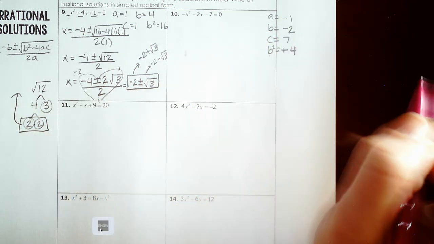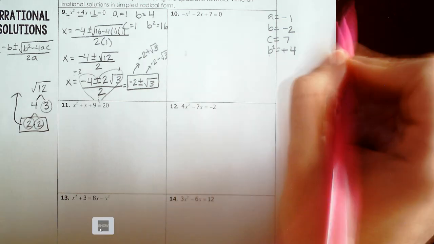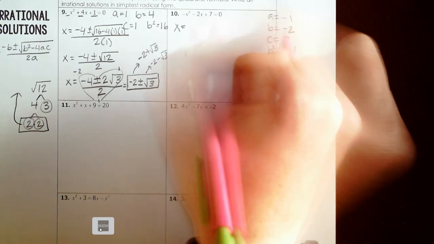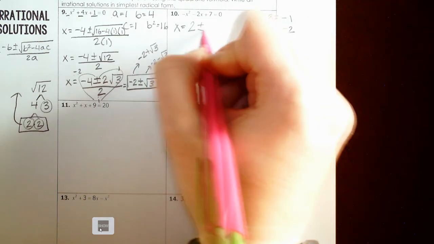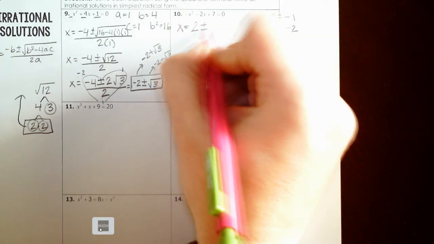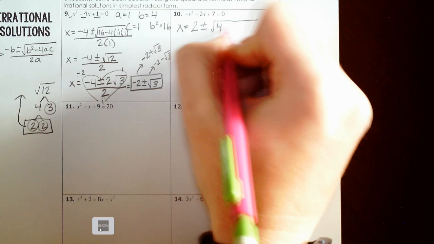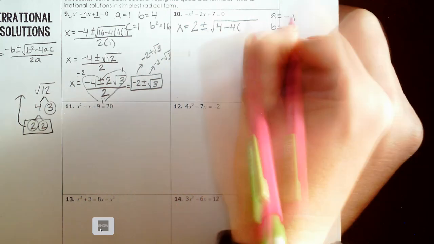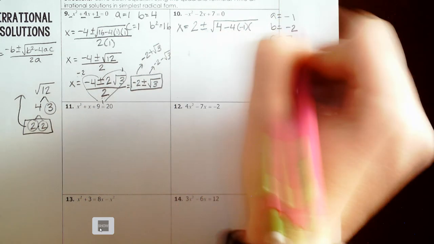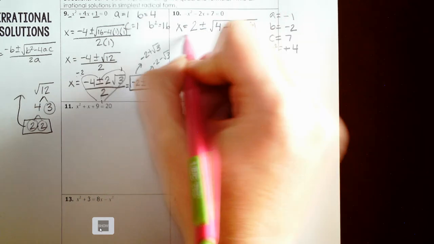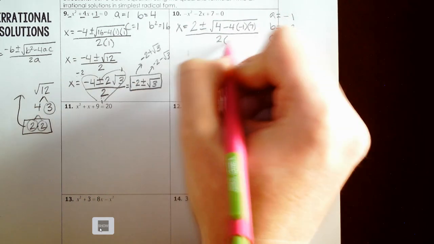All right, and then we'll plug it into our formula. X equals the opposite of b plus and minus the square root of b squared, which we have 4, minus 4 times a, which is -1, times c, which is 7, all over 2 times a, which is -1.